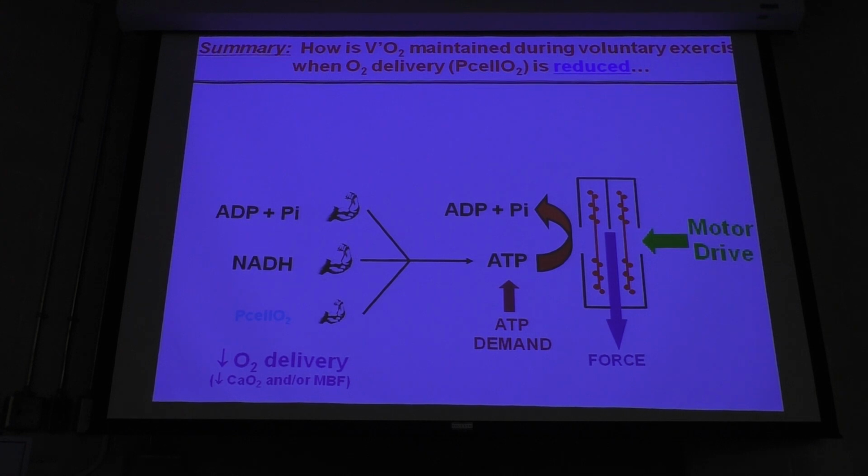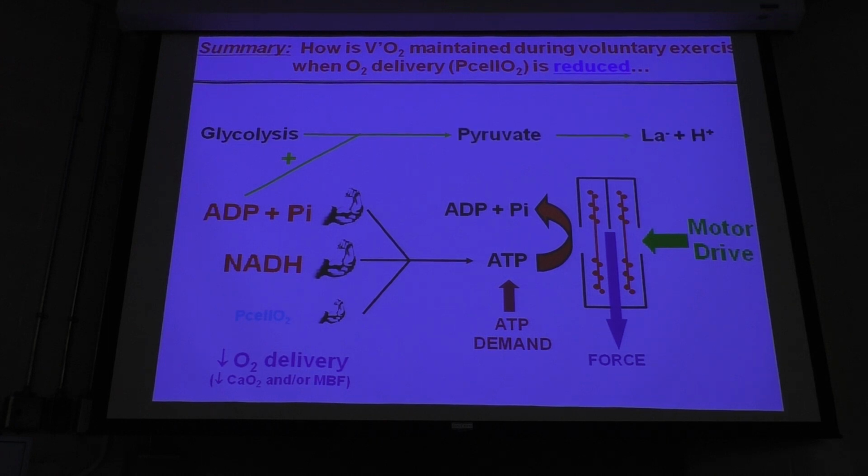But that's going to come at the expense of the activation of glycolysis, the breakdown of phosphocreatine, and likely whatever stored ATP exists after the transition from rest to exercise. Now this will result in an increase in the other substrates for oxidative phosphorylation, but also the activation of glycolysis and the accumulation of inorganic phosphate.